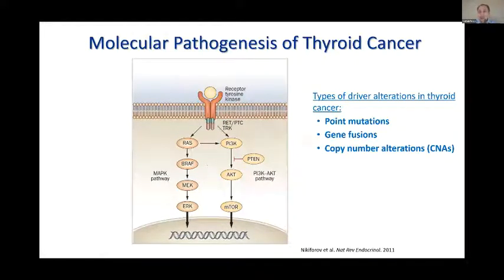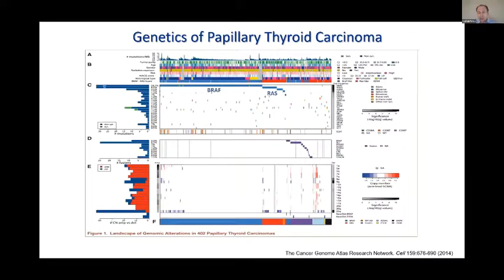So it is important, and we'll be repeating it multiple times during this symposium, to keep in mind that there are three main mechanisms by which driver alterations occur in thyroid cancer. It's point mutations, such as RAS, BRAF, gene fusions, and copy number alterations. Each of these events may serve as a driver. It means something that can initiate and force the cell to divide and become a cancerous cell.